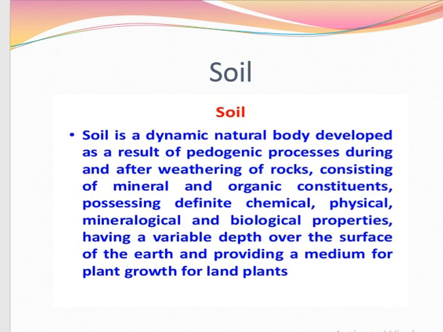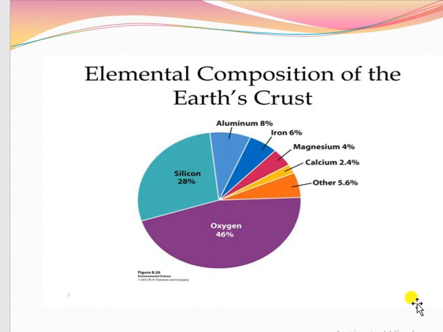Let us know what the different elemental compositions of earth crust are. Let us see in detail. Elemental composition of earth crust. It is mainly composed of oxygen, 46.6%, and silicon, which contributes almost 28%. Oxygen and silicon are the two major components of our crust.